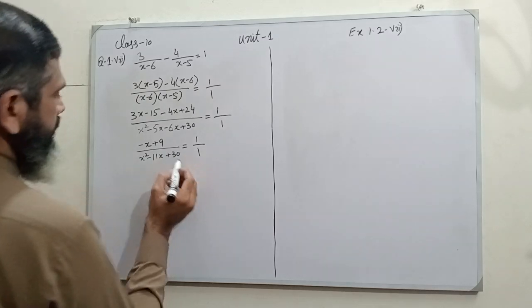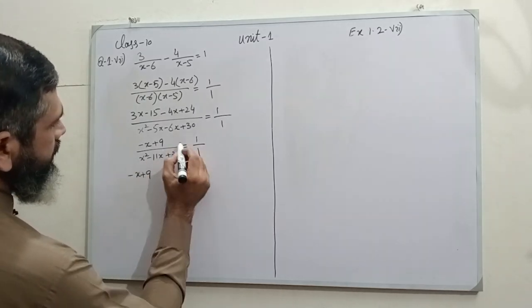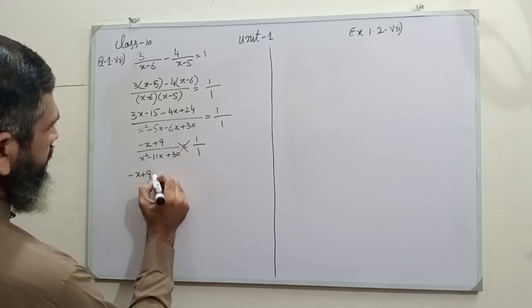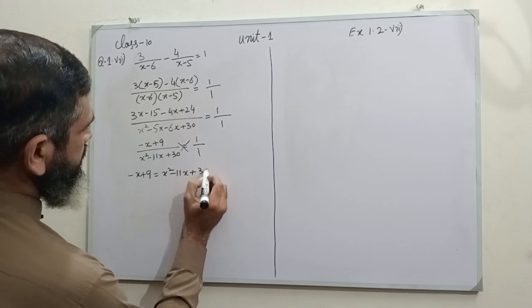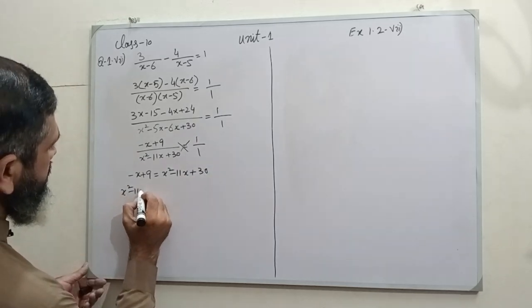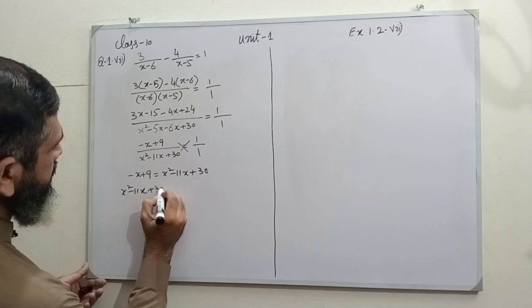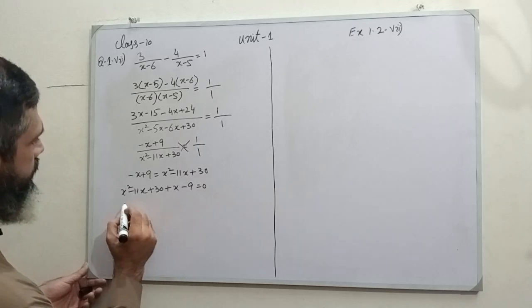We use cross multiplication. Here minus x plus 9 is equal to x square minus 11x plus 30. Here it will be x square minus 11x plus 30 plus x minus 9 is equal to 0.